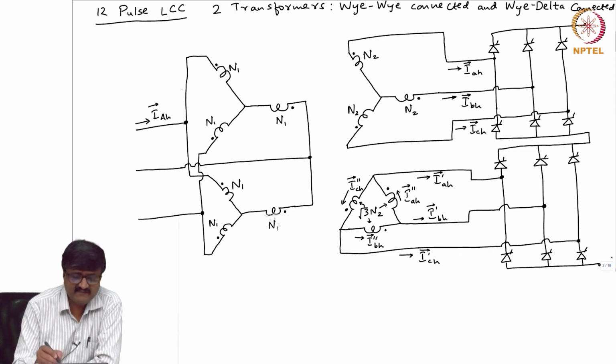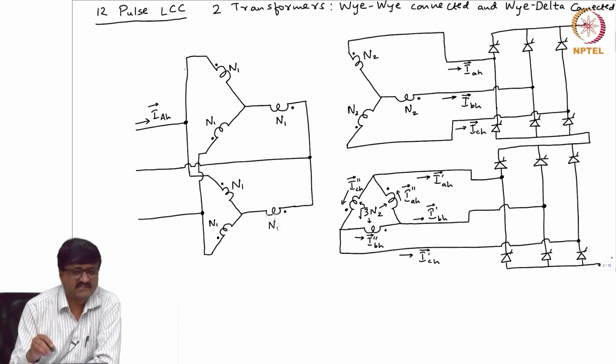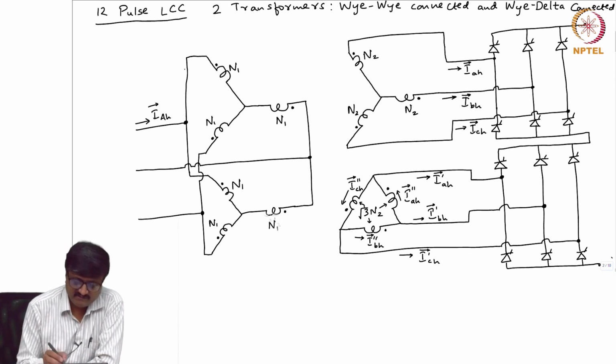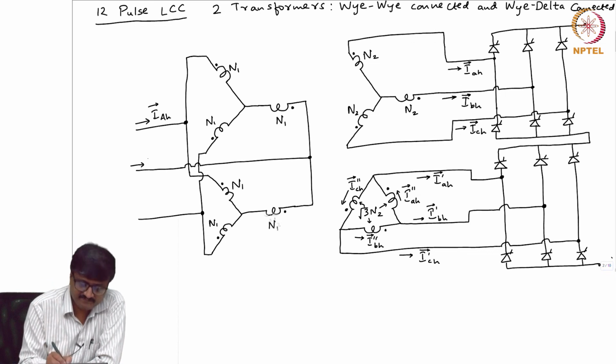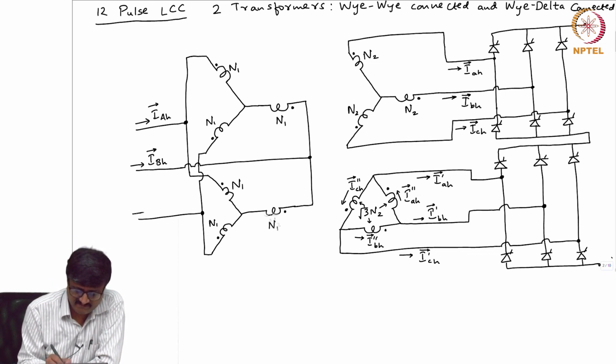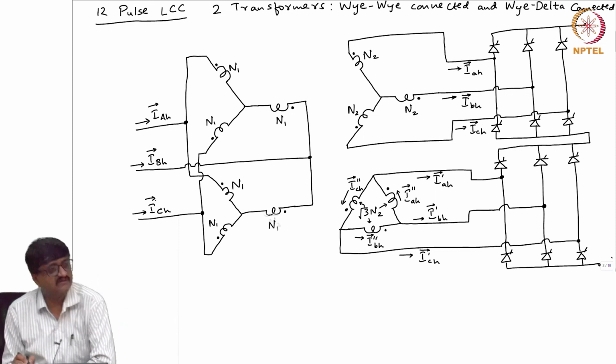So, here the current is entering the dot. It is a primary winding, current is entering the dot. Then the current that is flowing here is which phase, B or C? B, IBH, and this is C phase. So, I use uppercase ABC for the currents here.